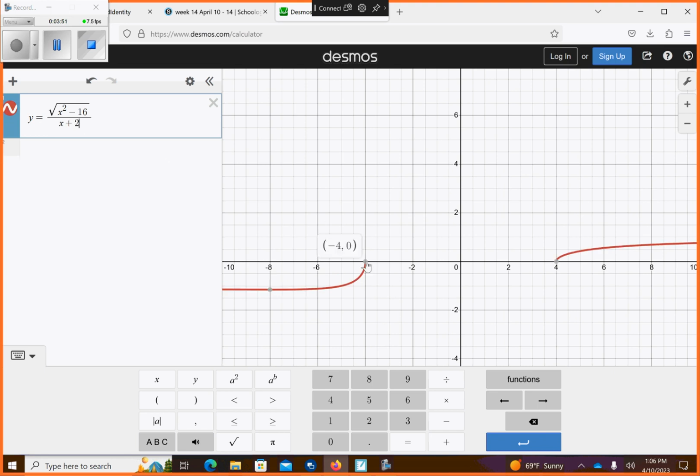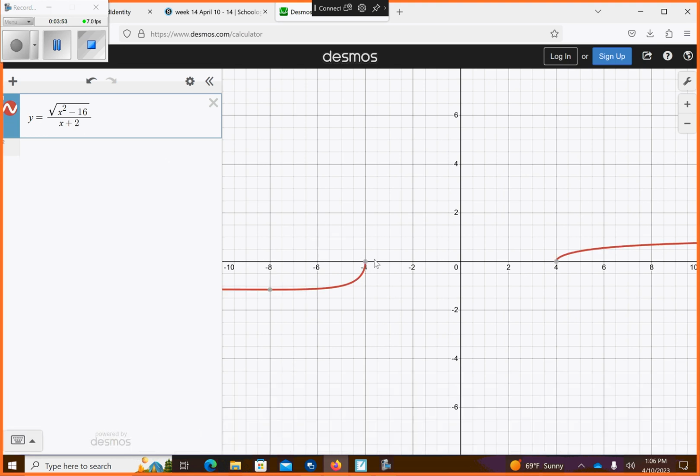Okay, so this is what the actual graph looks like. It's a little goofier looking, but I definitely have points at (-4, 0) and (4, 0). So that's where we definitely have roots.